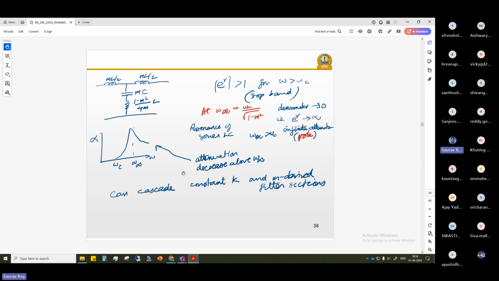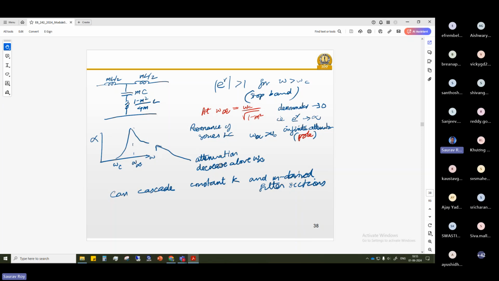That's why practically what people do is they take a cascaded version, a cascade of constant K and M derived. Both of them are used in a cascaded version. This cascade is required because the M derived will give you a very good roll off, but after some time the attenuation falls, and it should not fall.